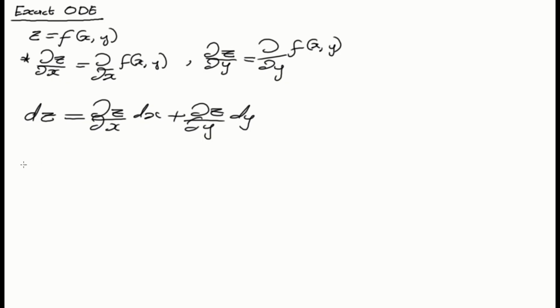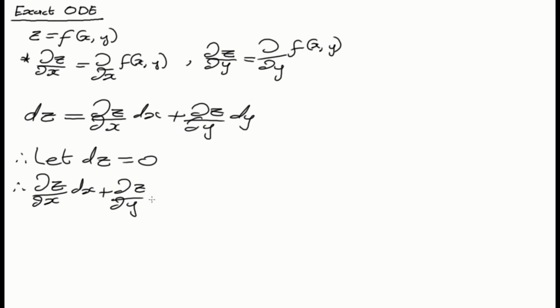If I may, what we have here is that if we let dz equal 0, what will happen to the right hand side? It therefore means we can have dz over dx plus dz over dy is equal to 0, because dz is equal to 0.